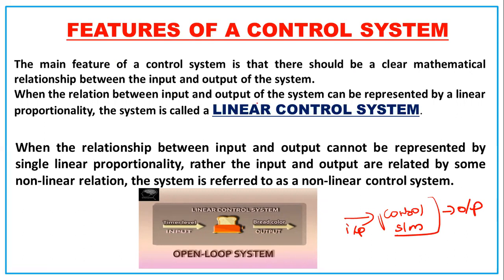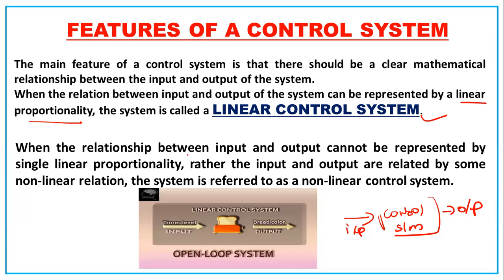When the relationship between input and output can be represented by linear proportionality, the system is called linear. So the relationship between output and input should be linear, then we say it's a linear control system. This particular subject's name itself is linear control system, so most of the things we will be studying are linear.